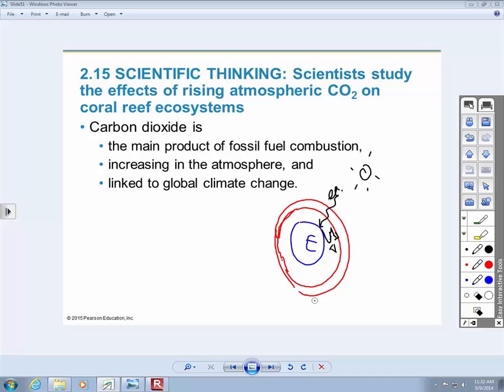Some of it does escape. That's true. I'm not saying none of it will escape. Some heat does go out into space, but some of it is trapped. And the thicker the layer of CO2 that we have, the less we're actually going to let out. Light can still get in, but less heat will be able to get out.